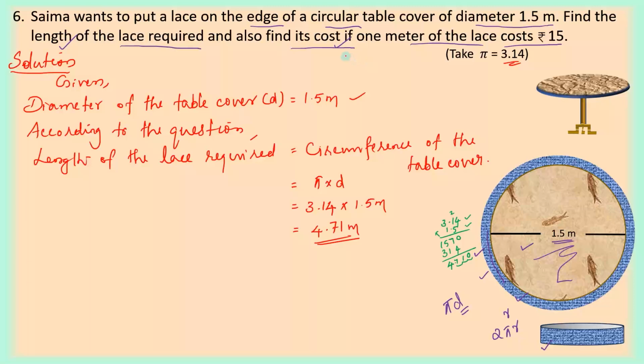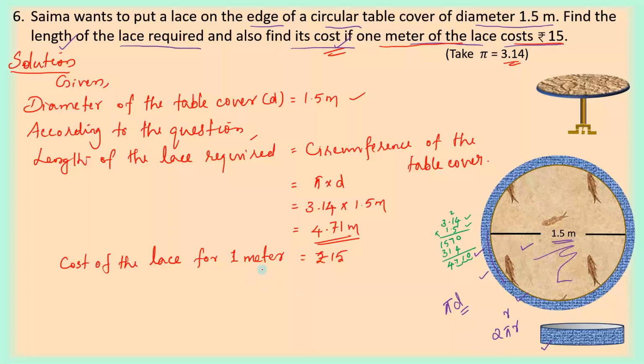Next, we have to find the cost of the lace. Here it is given for 1 meter lace, the cost is ₹15. So we can write, cost of the lace per meter or for 1 meter equal to ₹15.